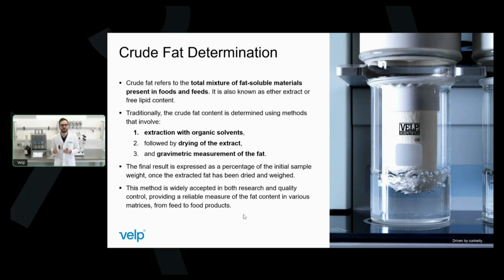Traditionally, the crude fat content is determined with methods that involve the extraction with organic solvent, followed by the drying of the extract, and then, as I told you before, with the gravimetric balance, we can weigh the extracted matter in order to refer to the percentage of the fat contained inside of the matrix.